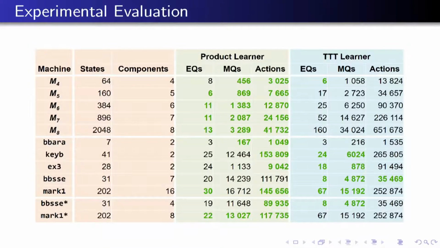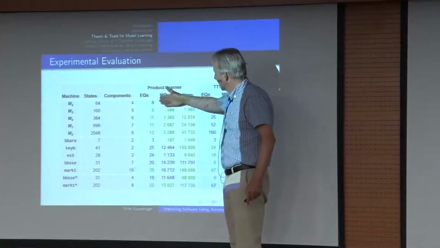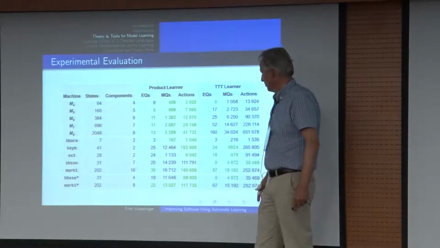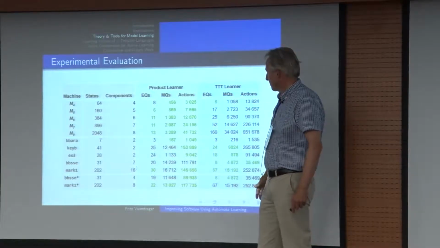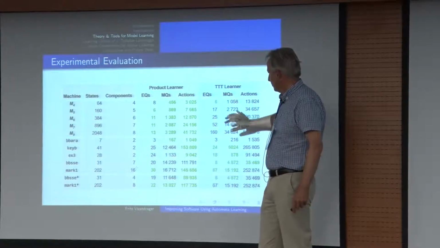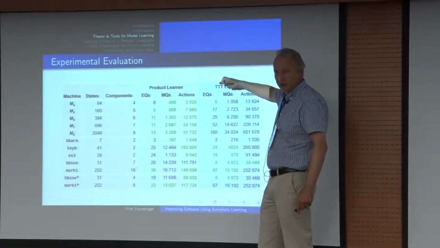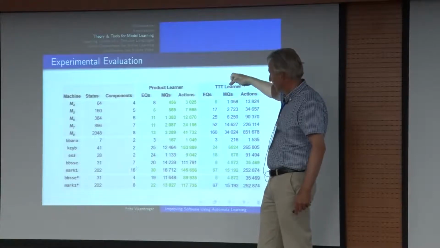So by just caching the queries in a smart way, a very straightforward implementation, my student was able to get superior results when compared with the TTT algorithm, which is the state-of-the-art active learning algorithm thus far.